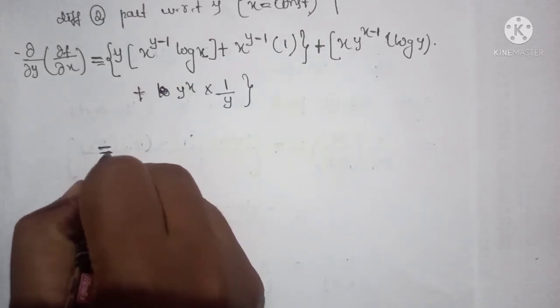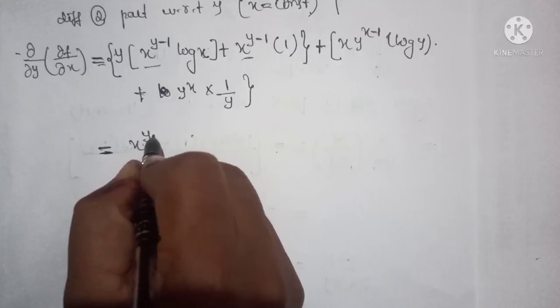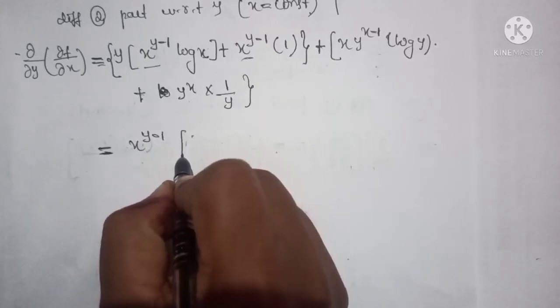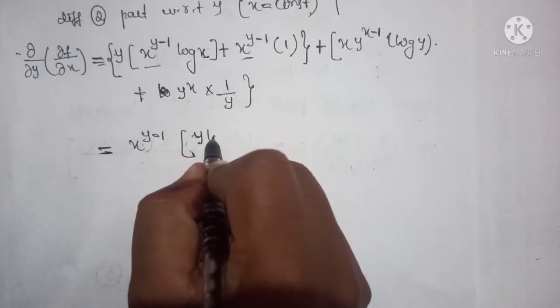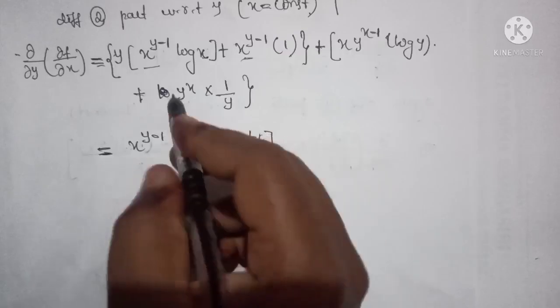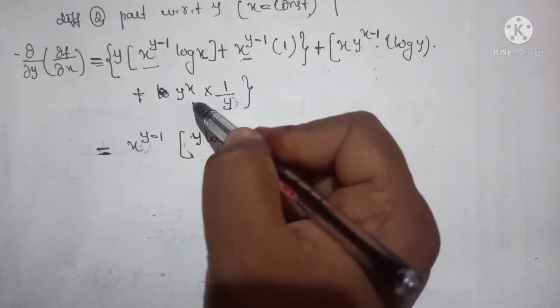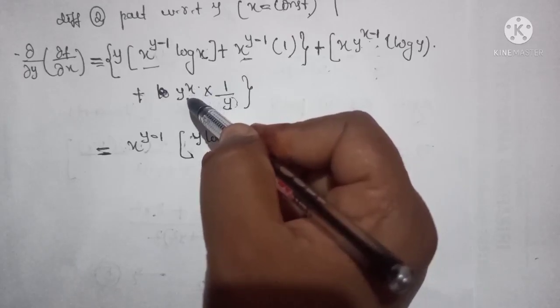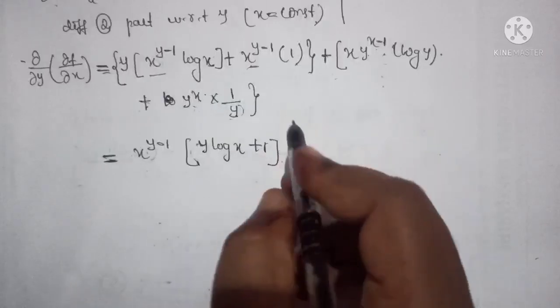Now in these two terms you can observe that x raised to y minus 1 is common, so on taking it outside we get y log x plus 1. Even in this y raised to x minus 1, on taking the y term to the numerator, the bases are the same, so powers can be added, we get x minus 1, power x minus 1.